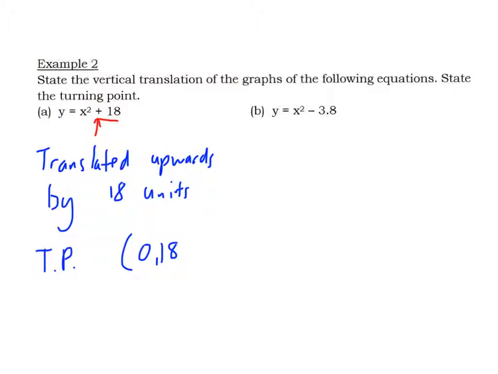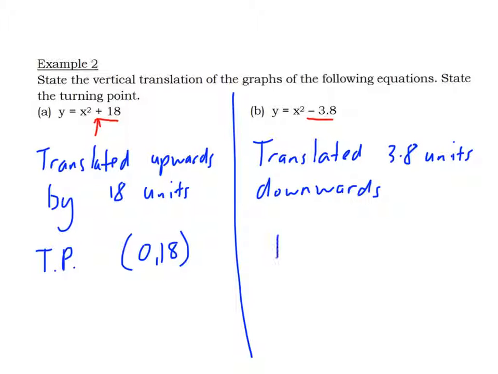So it's still got an x value of 0, but the y value is 18. Part B, you can hopefully see that it has been translated downwards because of the minus sign, and downwards by 3.8 units. So the turning point is 0, negative 3.8.